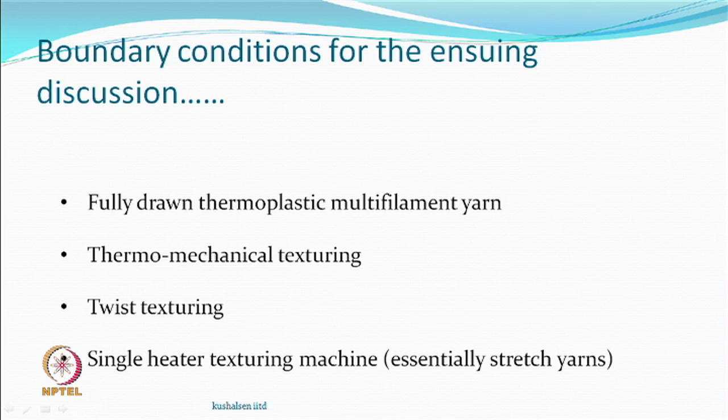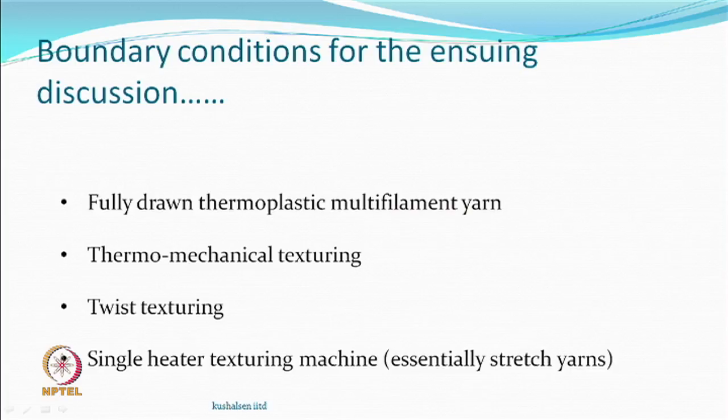So, let us remember, whenever we discuss and keep on discussing this texturing, till the time we say we are now changing the boundary conditions, we are assuming that we are discussing texturing of fully drawn thermoplastic multifilament yarn. Fully drawn, okay, and it is thermoplastic. That is one thing to remember.